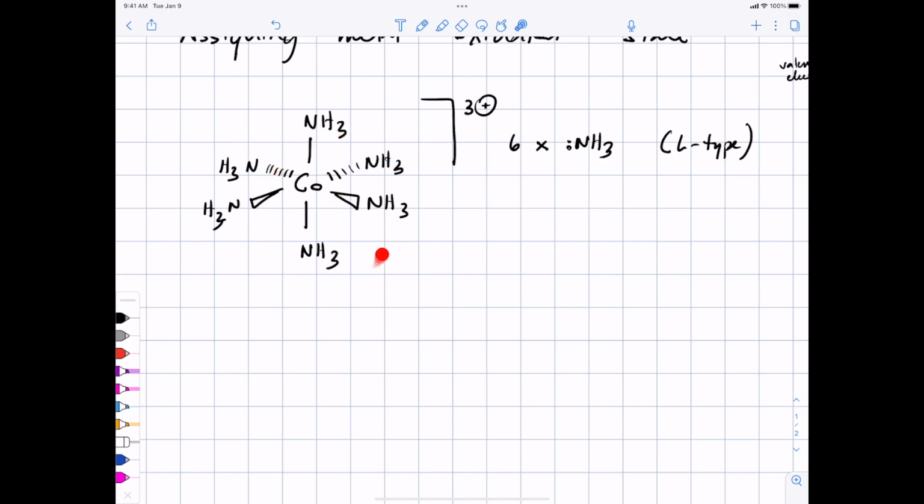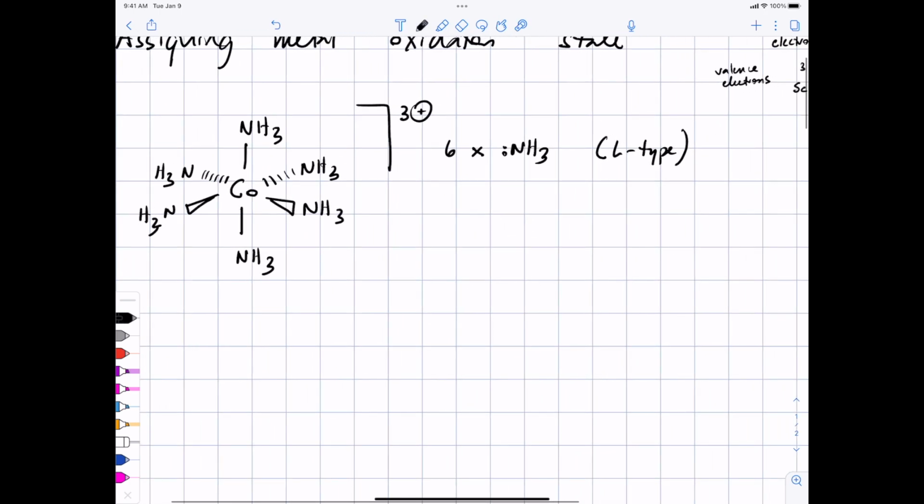You got it? If the ligands were negatively charged, we would adjust the charge on the metal to match the charge on the overall complex. So in this case, because of these neutral L-type ligands, all of the charge is on the metal, which tells you that the metal is in the +3 oxidation state.